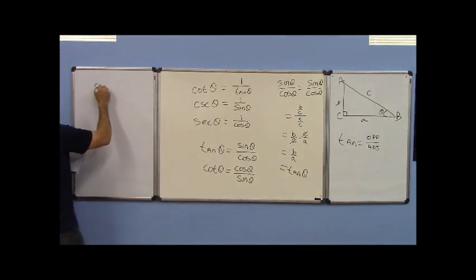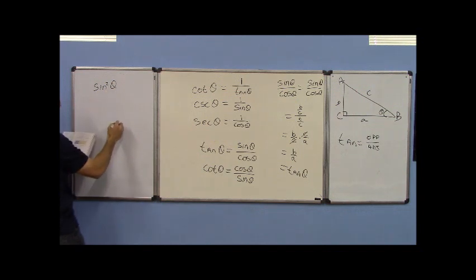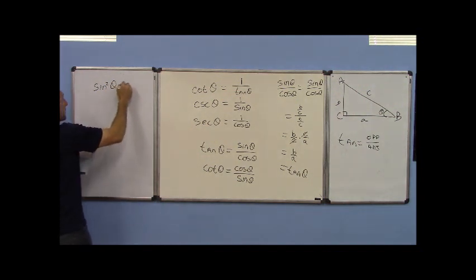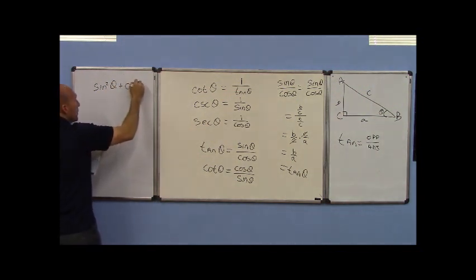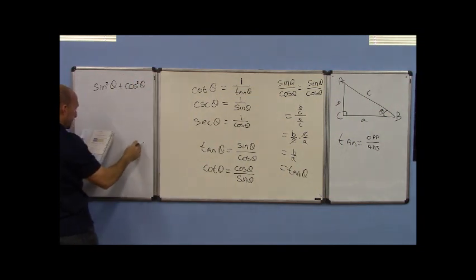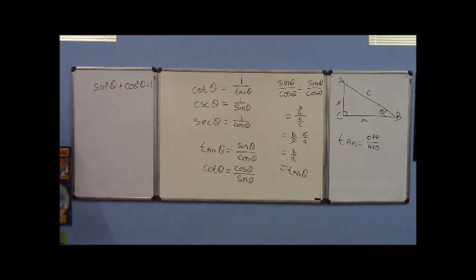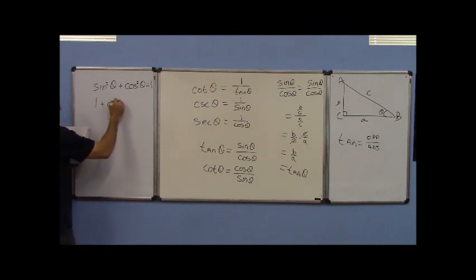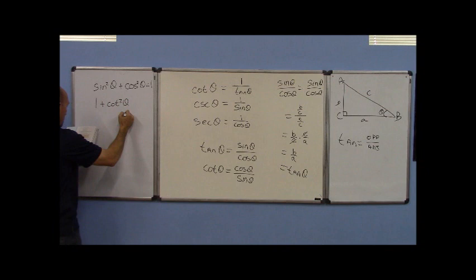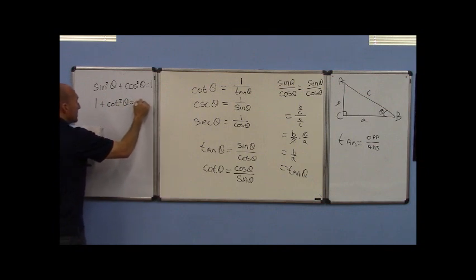So sine squared theta plus cosine squared of theta equals 1. One plus cotangent squared of theta will equal cosecant squared of theta.